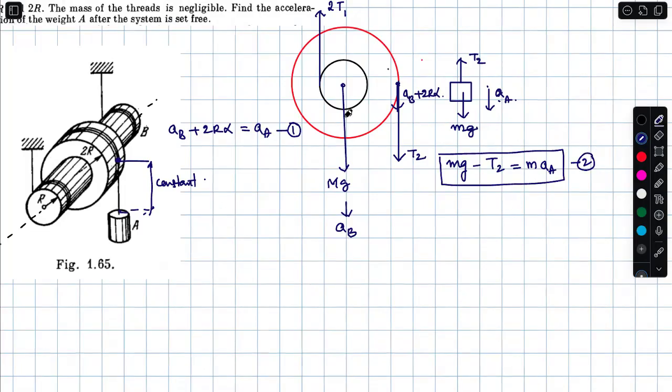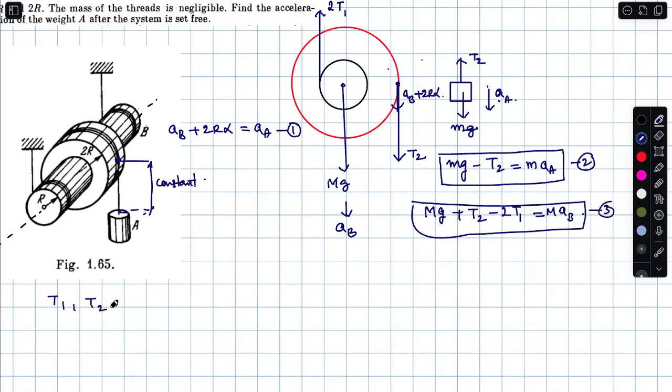Equation 2. For this, mg plus T2 minus 2T1 is MAB. What are unknowns?